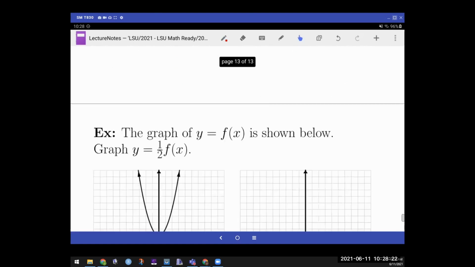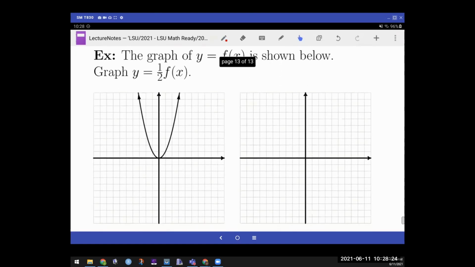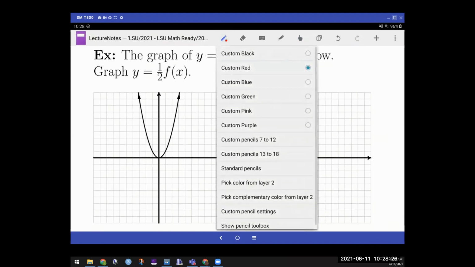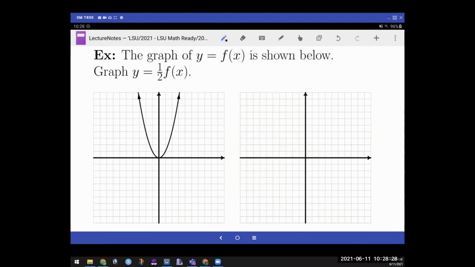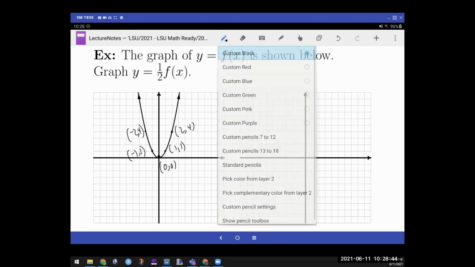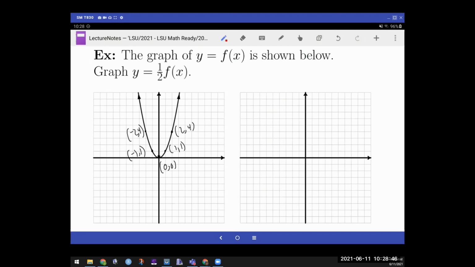Let's compare it to this one here. This is one that we did not, well, I kind of mentioned it a little bit, but let's talk about it now. These points again: 0, 0, 1, 1, negative 1, 1, 2, 4, negative 2, 4. Now notice, we just talked about this is a y value output.